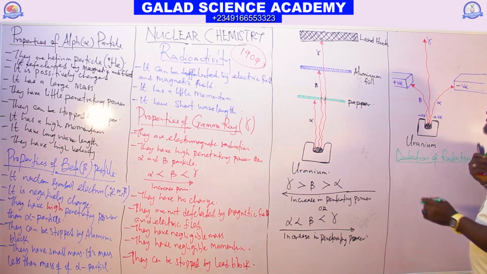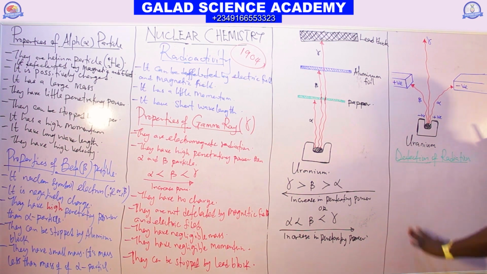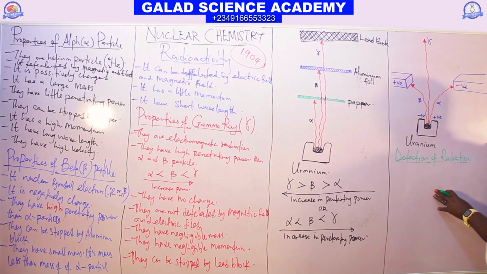So the radioactive radiation can be detected in the laboratory by the following devices.